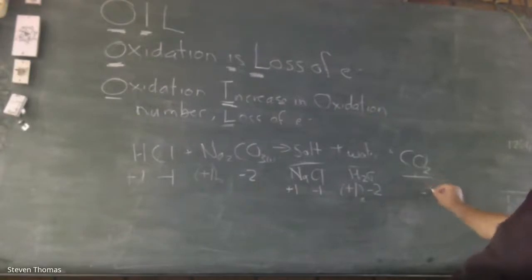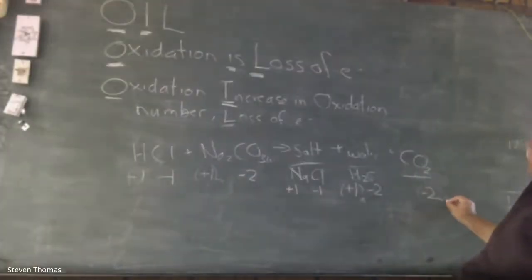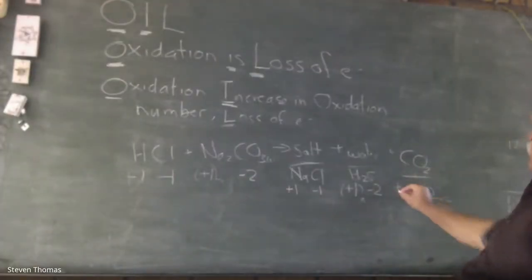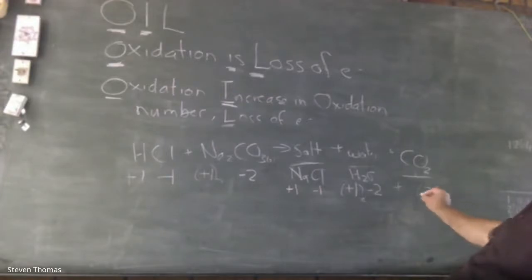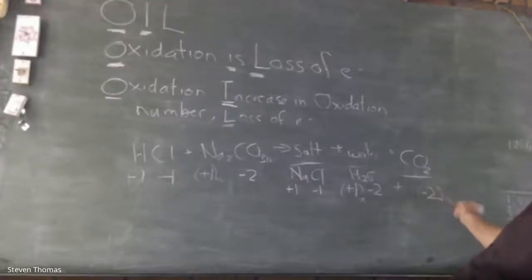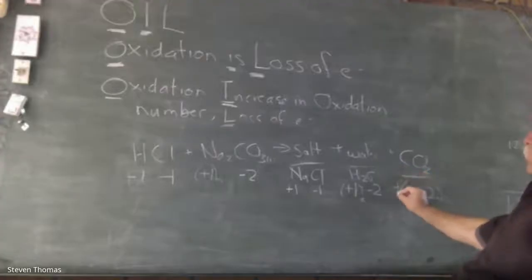Minus 2. Oxygen is always minus 2. And therefore carbon must be? They're saying 4, so minus 4. But look, we got 2 times minus 2 is minus 4. They're saying plus 4. Plus 4, correct.